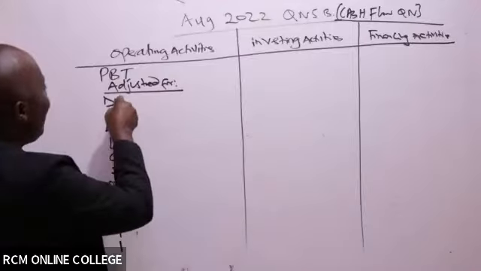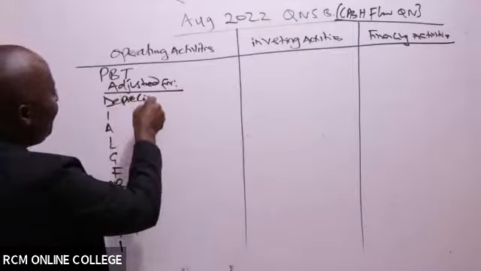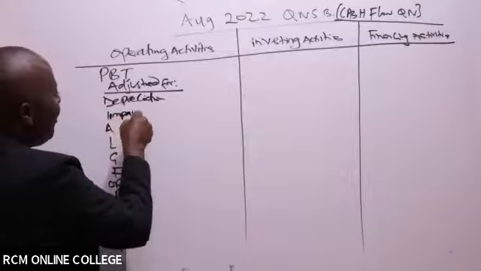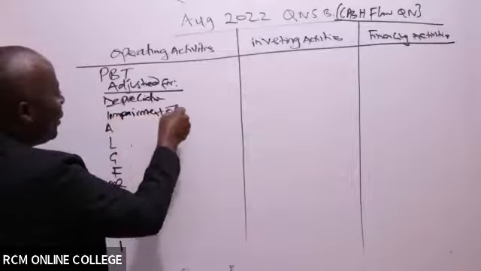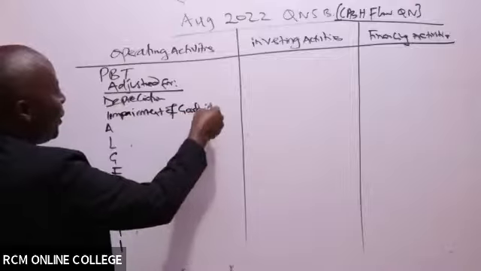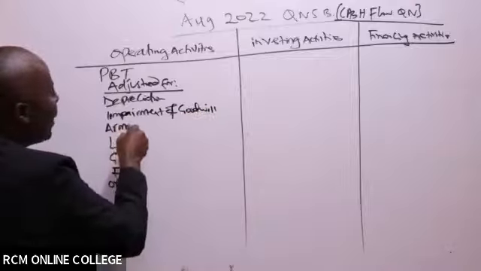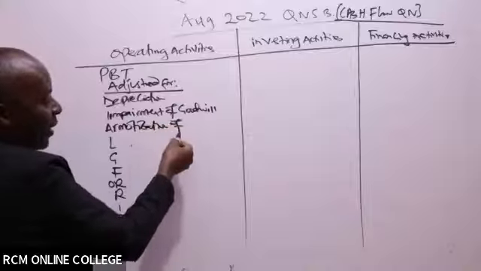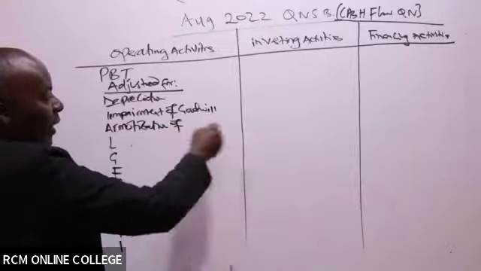So in this case we have depreciation, impairment of goodwill, and amortization of intangible assets, so you go to the intangible asset account.